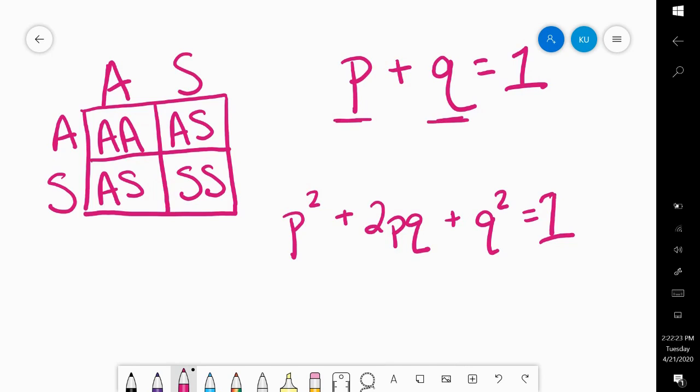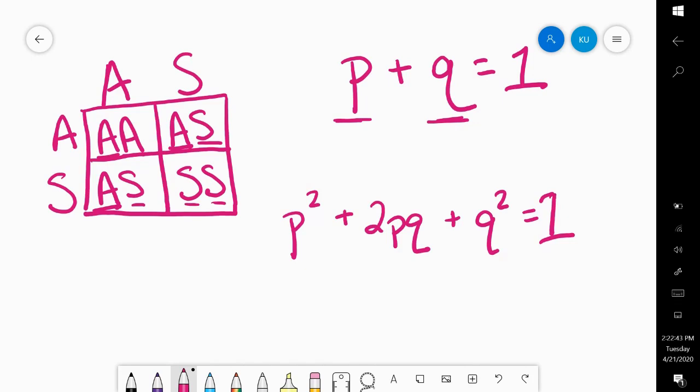That means that if you take everybody in your population, all your offspring, and you have all the A's, which would be represented by P's, and you add them to all of the recessive alleles, which would be all the S's, you get 100% of the population. And that is always true.